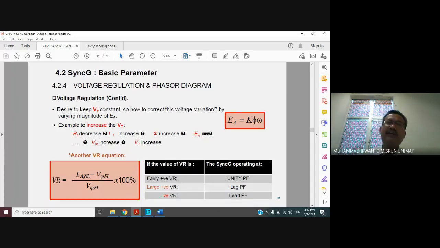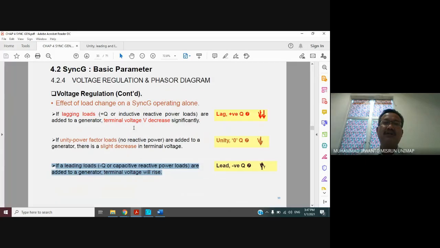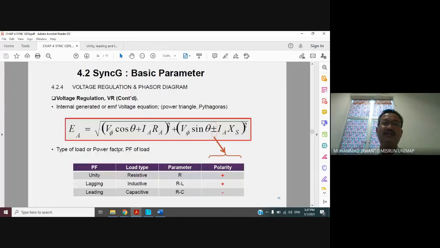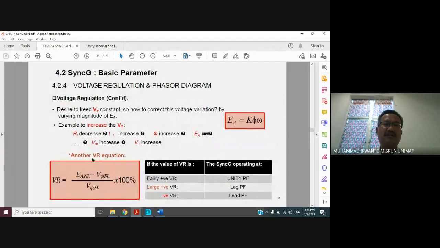Okay, and then remember when we have the formulation of the voltage regulation, another formulation can be used, meaning when we have the internal voltage at no load and phase voltage at full load.